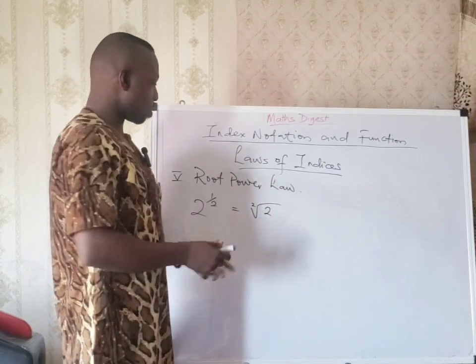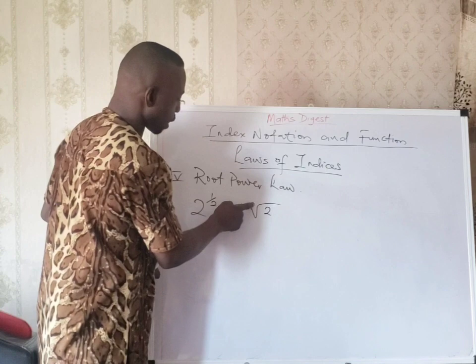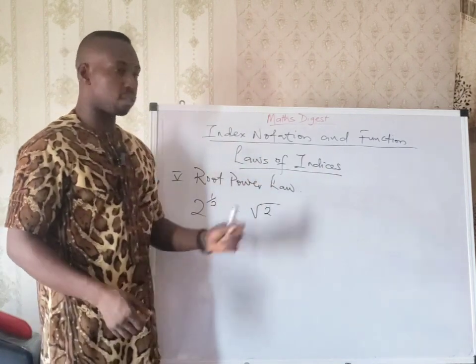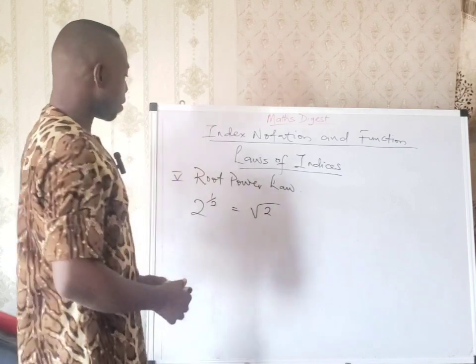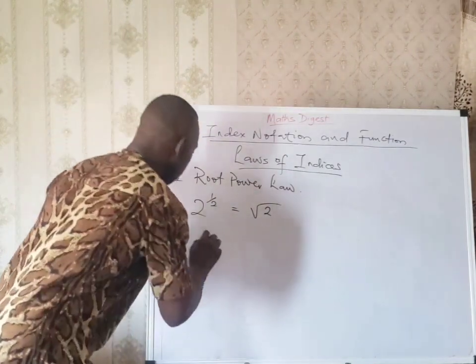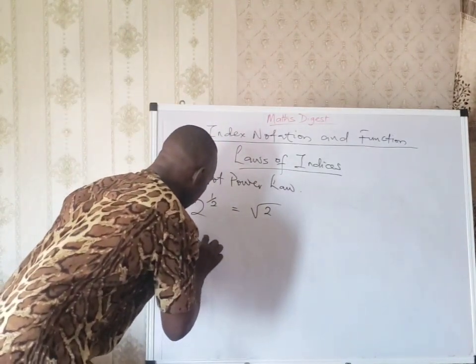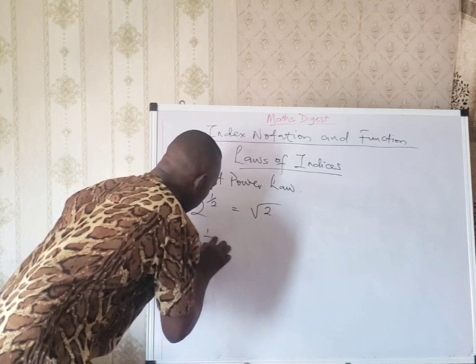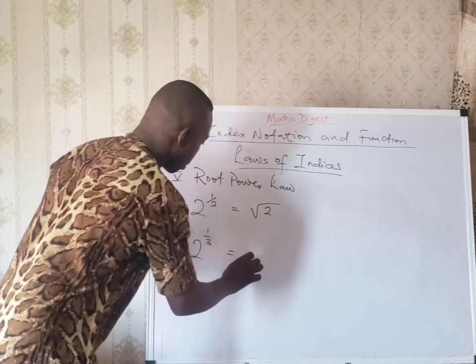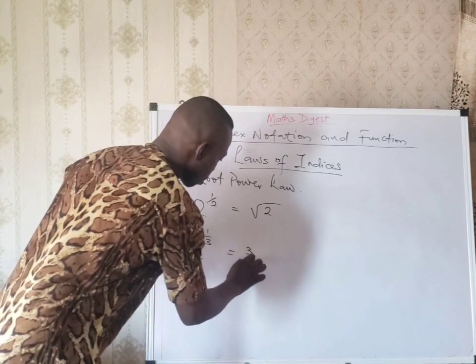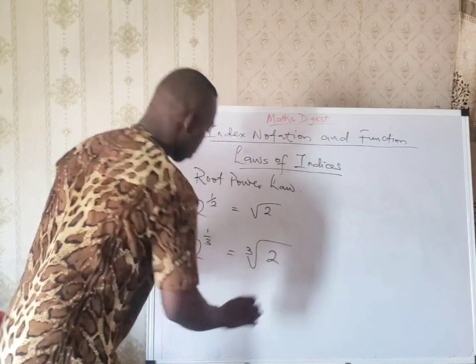Because with this alone, you can even remove this, it can still mean square root of 2, okay. Do you understand? Now, if you have maybe 2 raised to power 1/3 rather, what this means is what? Cube root of 2.